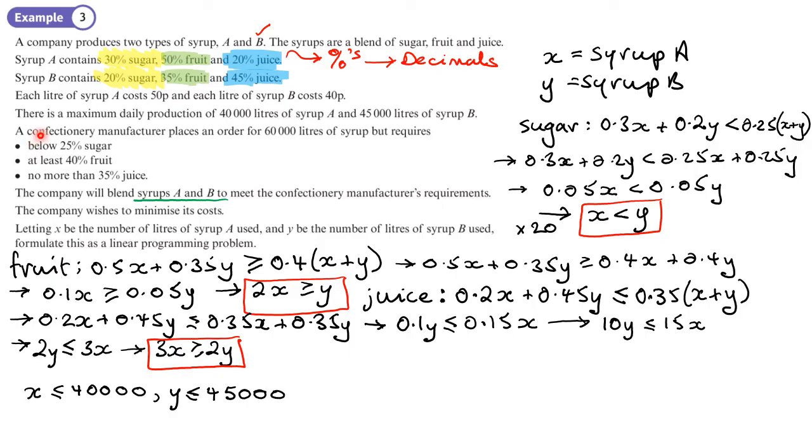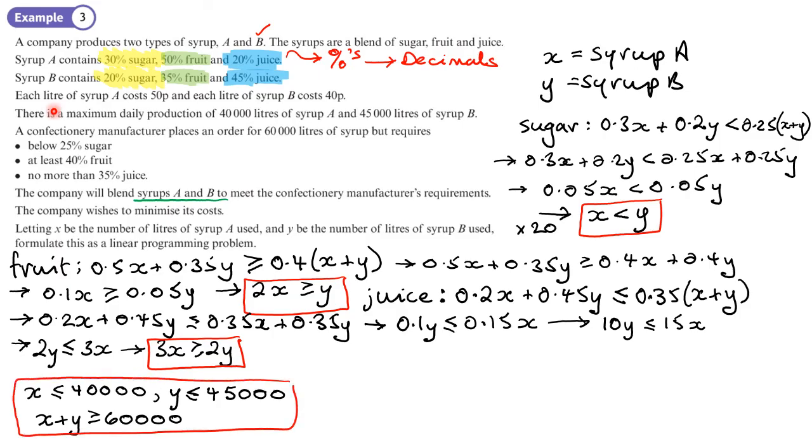And in this bit here where it says that they place an order for 60,000 litres of syrup, that's the blended syrup, so x plus y. They cannot have any less than 60,000. Okay, so rather than equal to 60,000, it cannot be any less than 60,000. So we'll just highlight those.